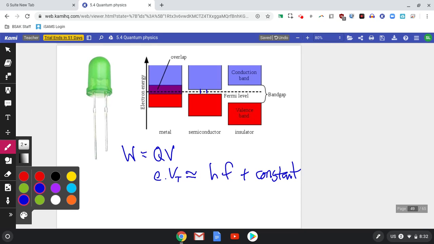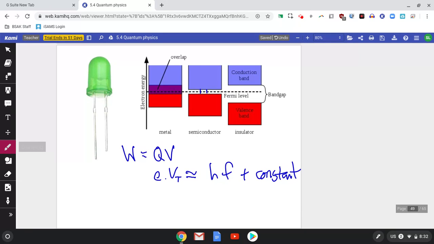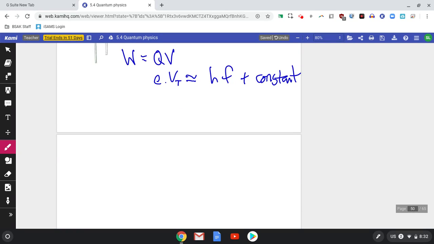So we can actually rearrange this equation. Let's go down to the bottom one. So we've got the threshold voltage is equal to h over e f plus a small constant.